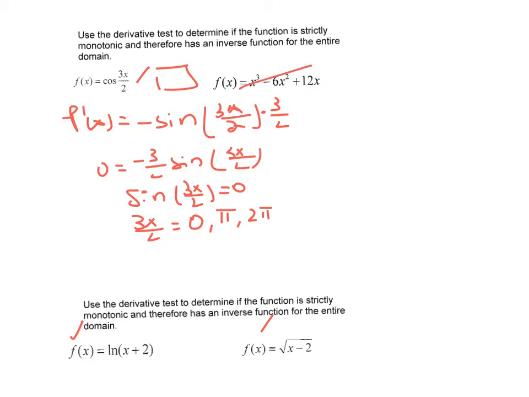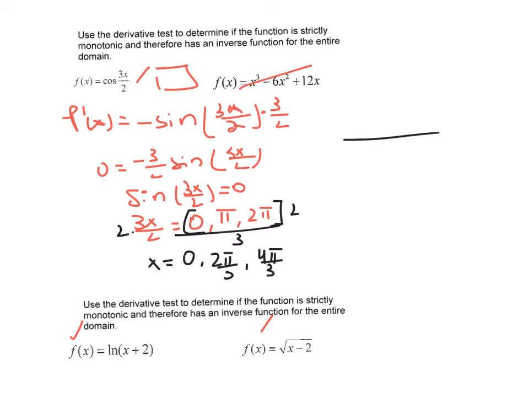But if I keep going, I would solve by multiplying both sides by 2. So if you multiply all of these answers by 2, and then divide by 3, that clears that left-hand side. So I get x equals 0, right? Because 0 times 2 over 3 is just still 0. This becomes 2 pi over 3. And then this becomes 4 pi over 3. So we'll do a few. You don't need to do all of them.